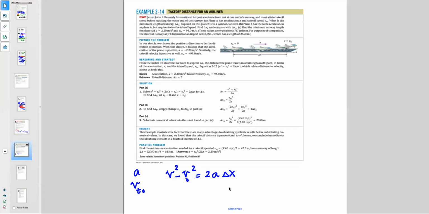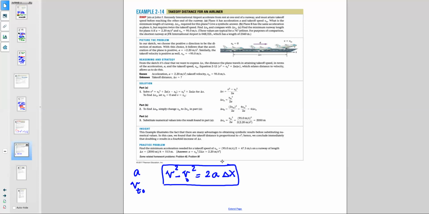Now, if you're looking at chapter 2, I explicitly show you how you can derive this equation. You don't need to. I have given it to you in an equation sheet, both for chapter 1, for week 1, and for an overall equation sheet that I've been providing for you on Canvas. Now, when you're looking at this, v squared minus v0 squared equals 2a delta x, there is no information about time in this equation.